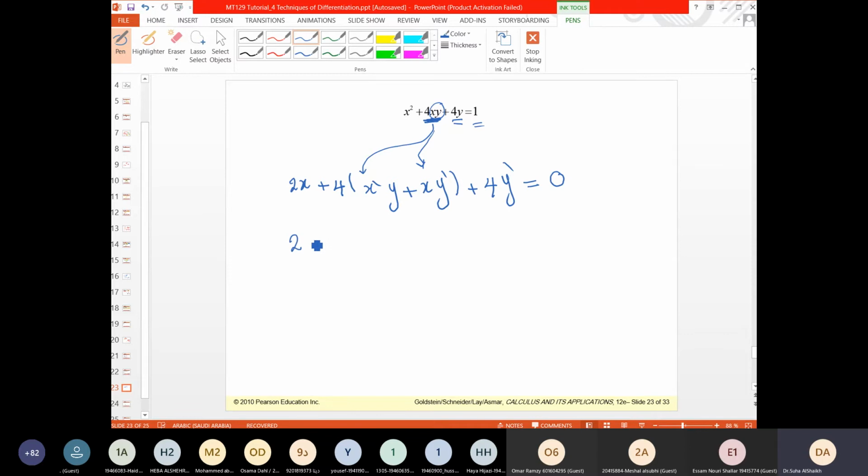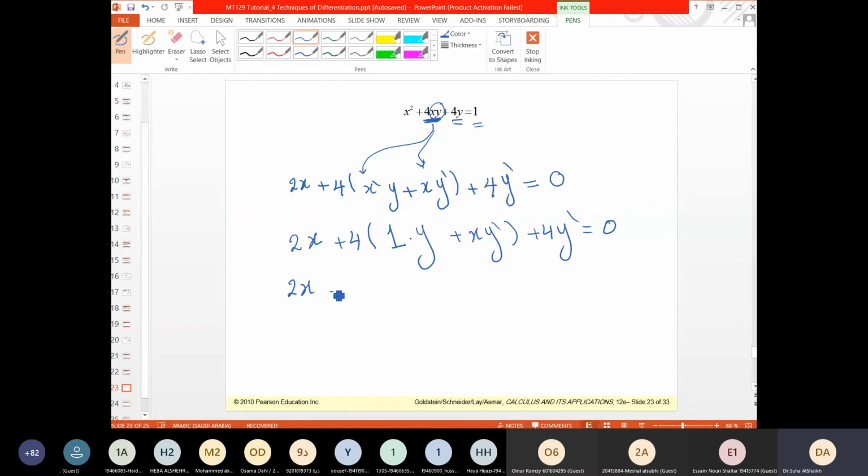Now, the 2x here plus 4. What's the derivative of x? It's 1 times y. 1 times y, I can just write it as y plus x times y dash plus 4y dash equal to 0. Expand the things.